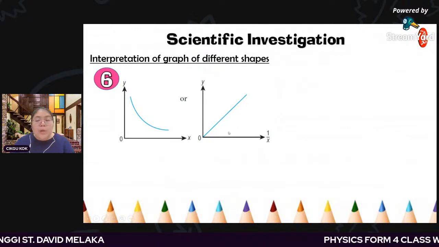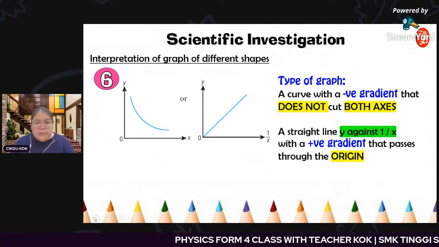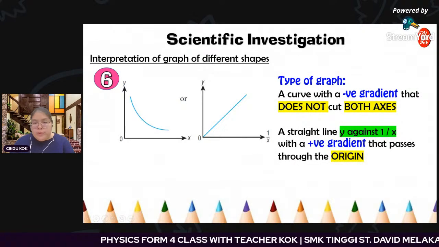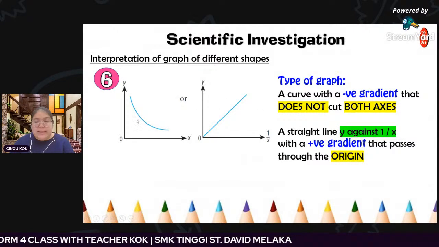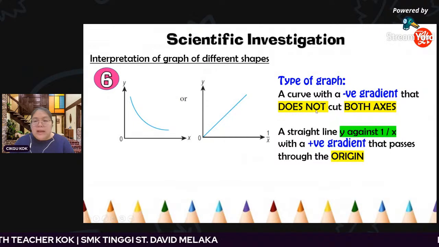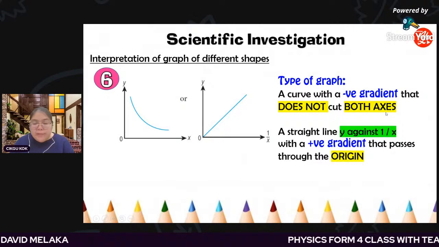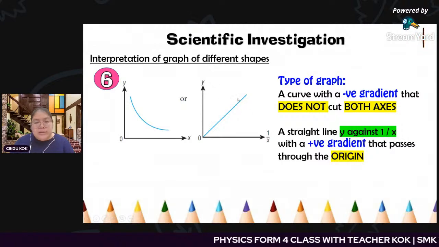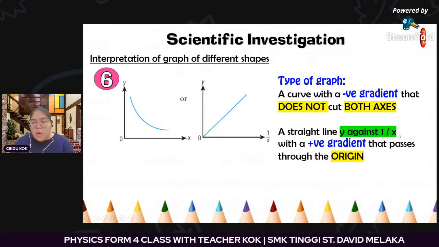How do we convert? When you see a graph like this, we mention the name first. Type of the graph: a curve with negative gradient. This one is surely a negative gradient, and also does not cut both axes. Then after that, we see this line, a straight line of y against 1 over x.